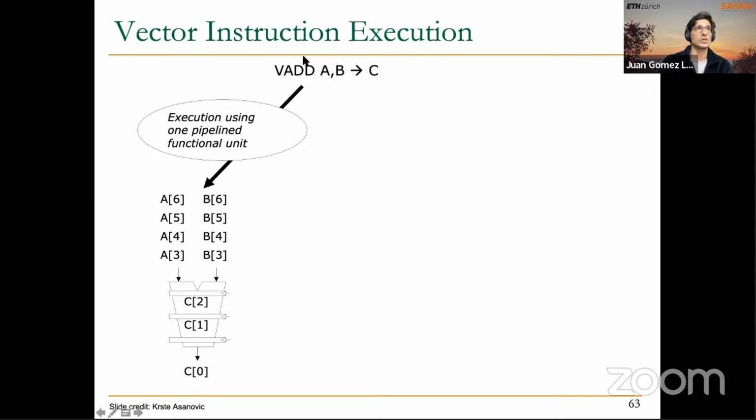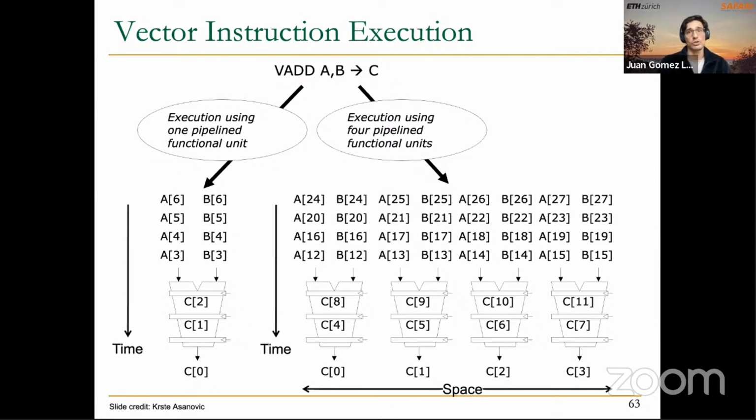Imagine that we need to execute this vector add, and we have a single unit. If we have a single execution unit, we exploit the data parallelism in time, in the pipeline. However, we may have more than one of these instruction units. We may have 4. And if we have 4, we can distribute the different elements of the vector registers across the different units that we have in space.